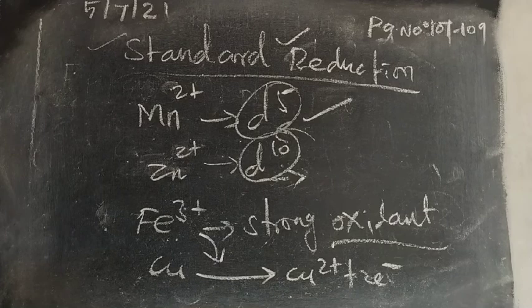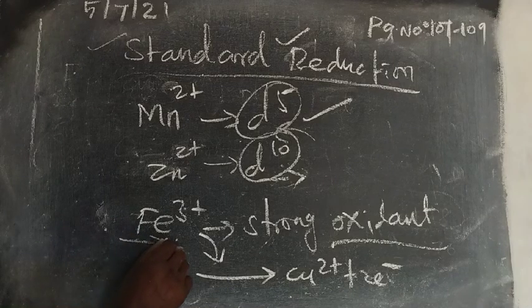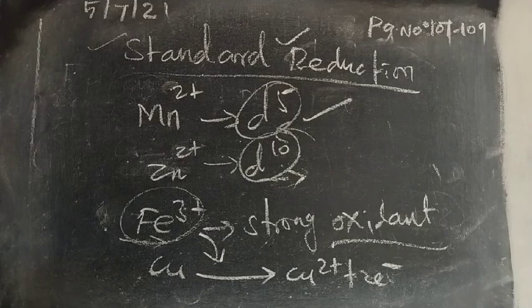I told you, the higher oxidation state of metals has more oxidizing tendency. Due to that nature, even copper, more stable in elemental form, can be oxidized into copper 2 plus by a higher oxidizing agent, the higher oxidation state of Fe, that is Fe3 plus.